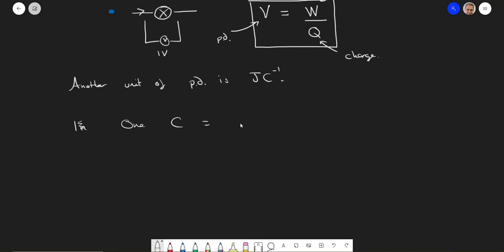Well, it's 1 coulomb divided by 1.6 times 10 to the minus 19, which is the charge on an individual electron. That's a huge number: 1 over 1.6 times 10 to the minus 19 is 6.25 times 10 to the 18.